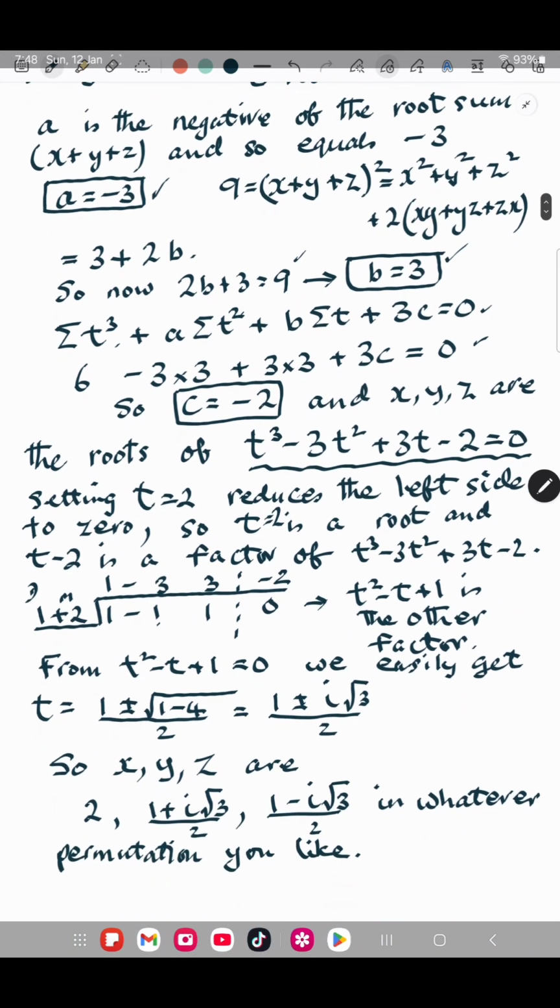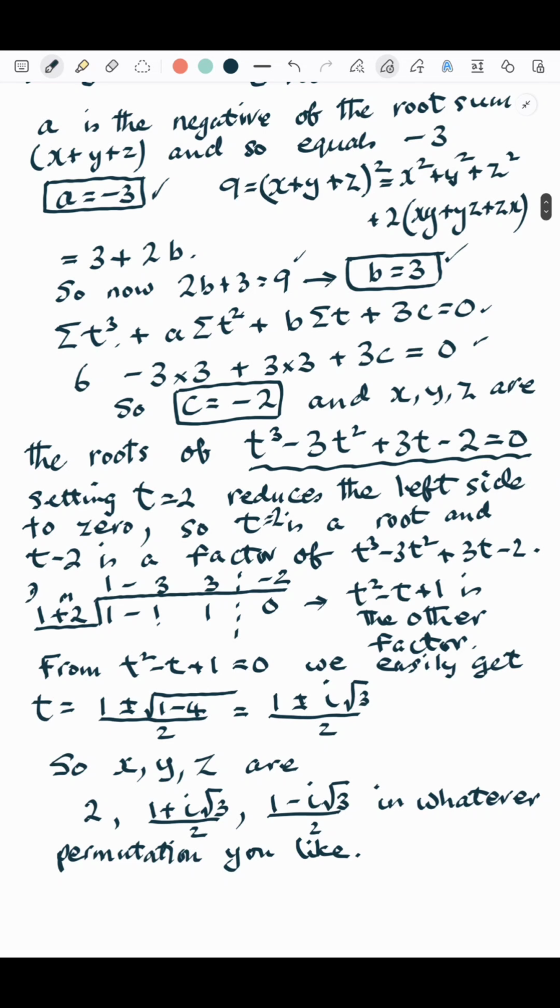And so x, y, and z are 2, 1 plus i root 3 over 2, and 1 minus i root 3 over 2, in whatever permutation you like. So that solves our little equation. And thank you very much for listening.